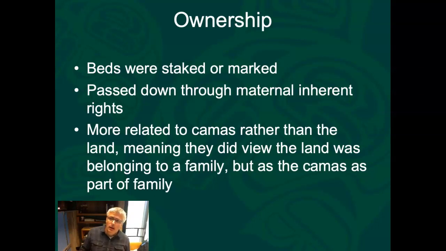So it's not an area that they owned in the Western sense of, it's my domain, I can do whatever I want with it. It's a stewardship responsibility to that landscape, that it was part of the family, that it wasn't theirs to remove all the camas and put in a strip mall. It was an inherent responsibility to that land and then to the plant to make sure that they are properly maintained and persist in the future.